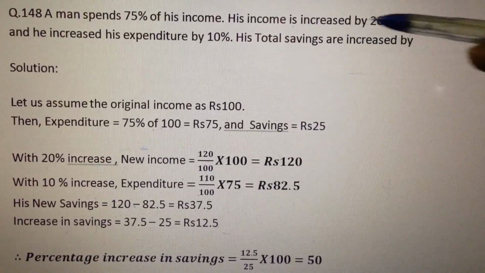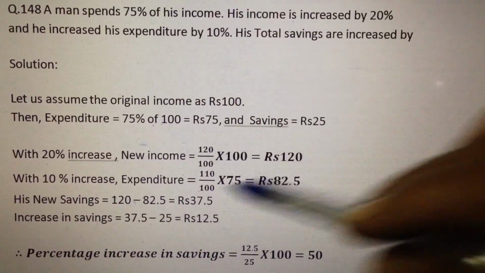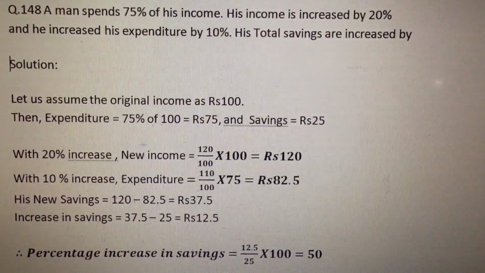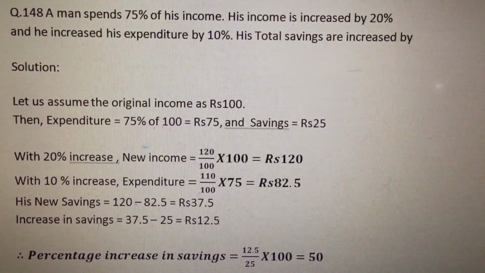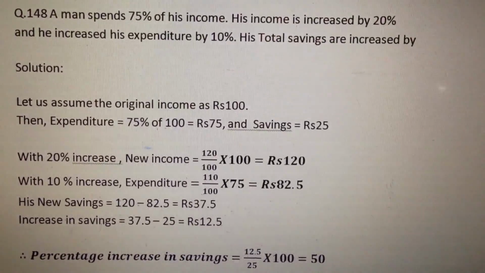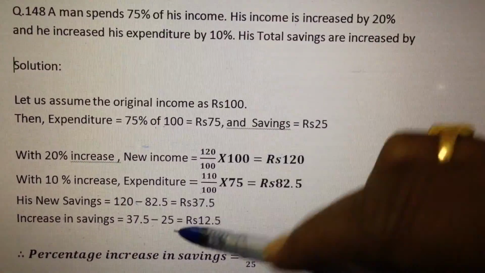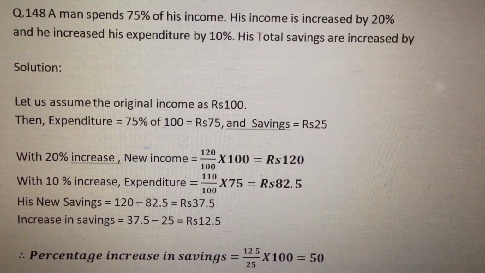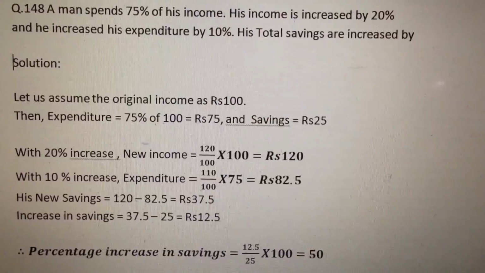Now income has increased by 20%. Therefore, with 20% increase, new income is equal to 120 by 100 into 100, which is equal to 120 rupees. And at the same time, there is an increase of 10% in expenditure. Therefore, 10% increased expenditure is equal to 110 by 100 into 75, which is equal to rupees 82.50.